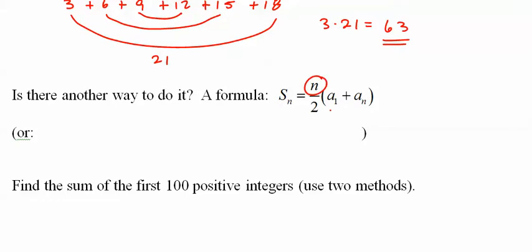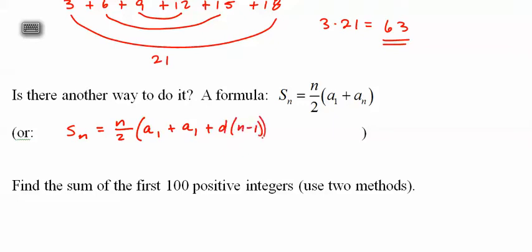Well, that's how we actually add up arithmetic series. We take the number of terms, divide by 2. That's this piece right here. There were 6 terms. Divided by 2 is 3. Take the first and the last term, add them together, and boom, we're done. Another way to write this is by subbing in: A1 stays, AN is A1 plus D times N minus 1.